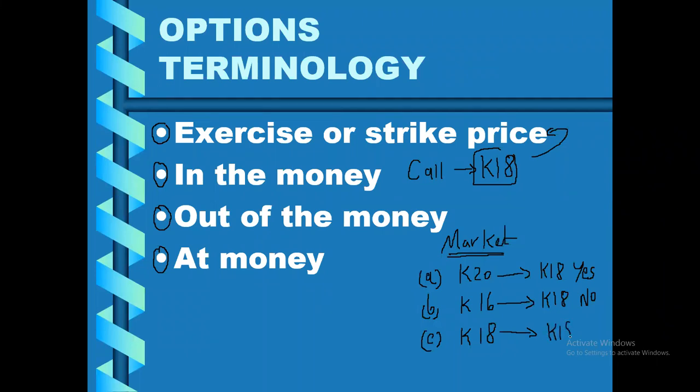You just break even. And this option is described to be at the money. So we need to be familiar with these expressions. So an option may be worth exercising or not worth exercising.